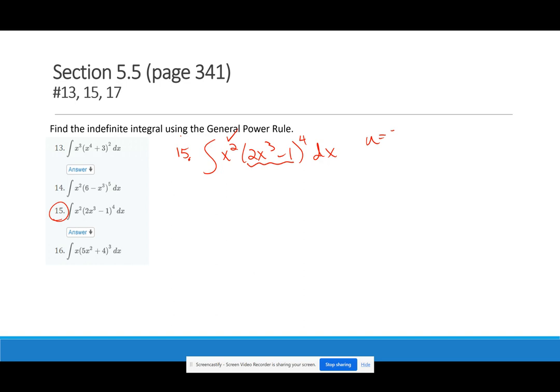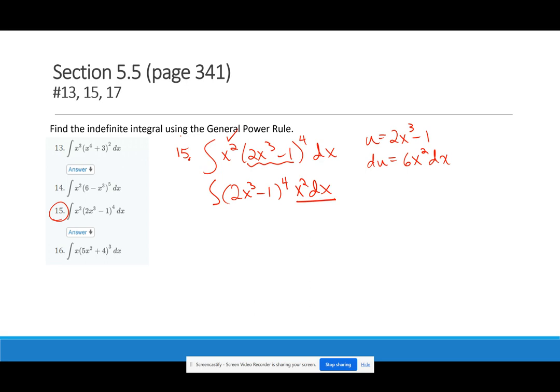We'll let u equal 2x to the third minus 1. We'll take the derivative of it with respect to x, and we would get 6x squared, and I'm writing that in differential form. Okay, so this 2x to the third minus 1 raised to the fourth power, and this x squared dx, I'm just rearranging a moment.